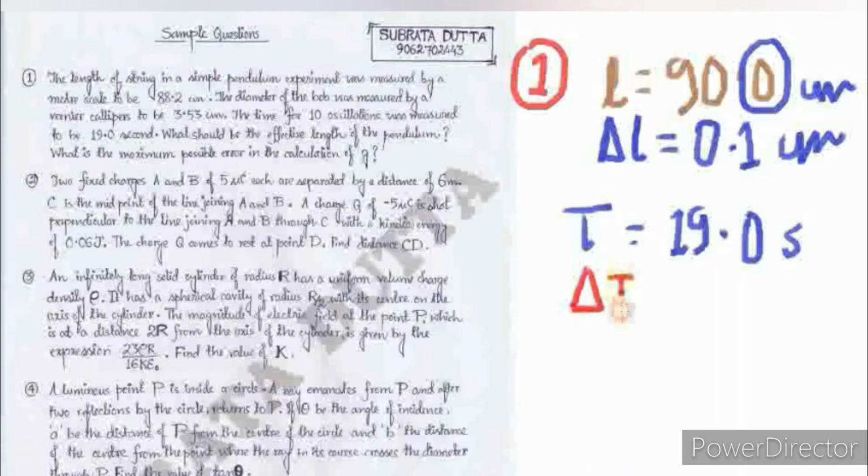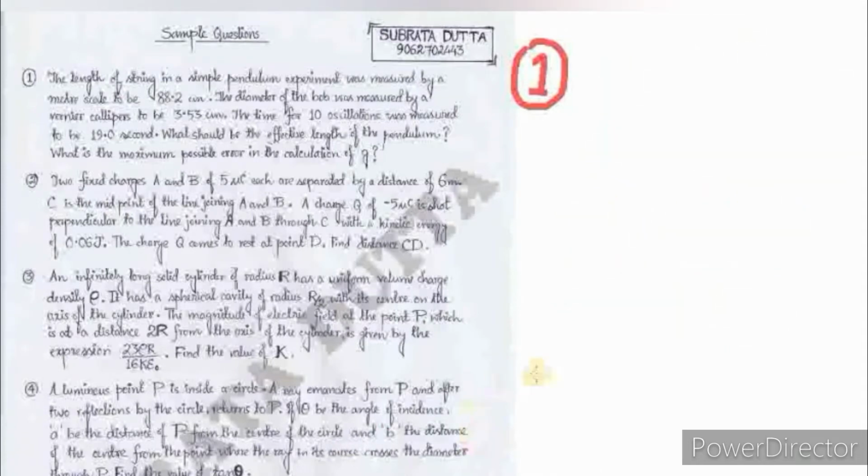So from here we can write that delta T is 0.1 second, because it can measure up to the first decimal place. So the minimum time that can be measured by this stopwatch is 0.1 second.